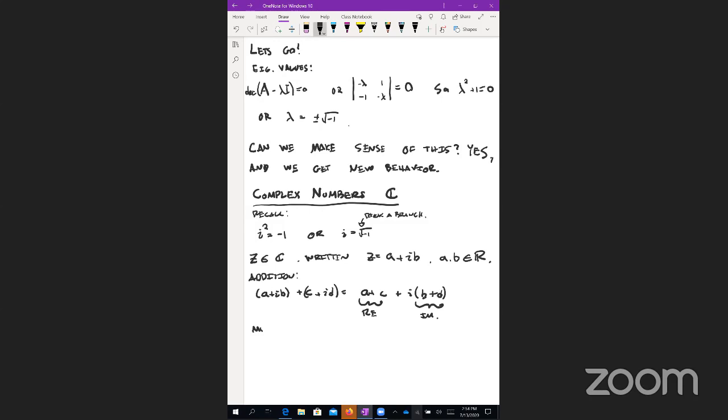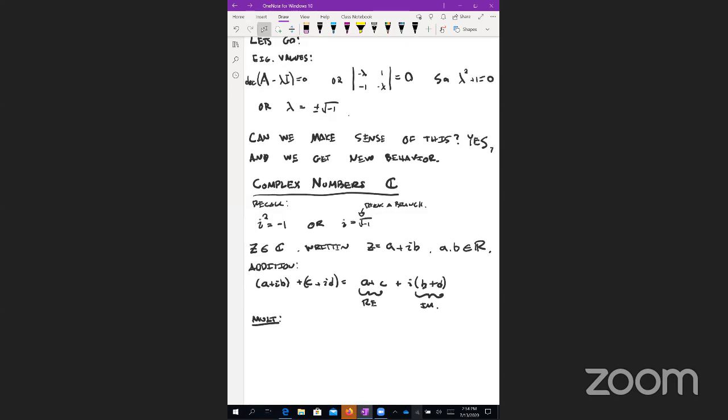Multiplication. So multiplication is just done by expanding. (a plus ib)(c plus id) is ac plus i ad plus i bc plus i squared bd, but by definition i squared is equal to -1.